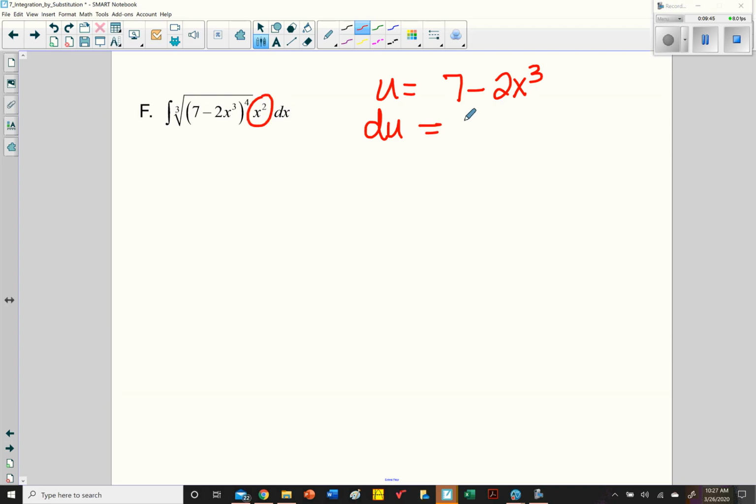So the derivative of u is du dx, and this derivative is -6x squared dx. Don't have a -6 in here, so we'll divide by -6, and replace x squared dx with negative 1/6.